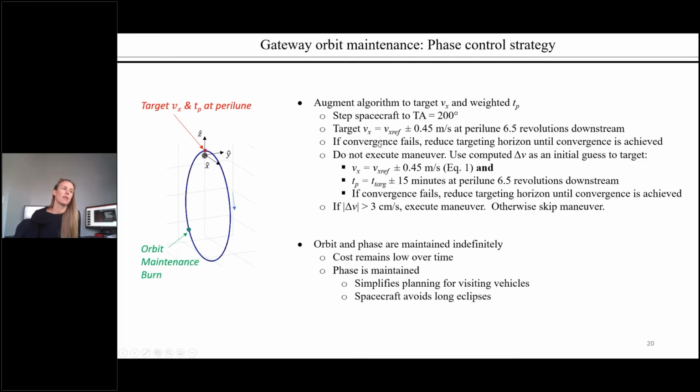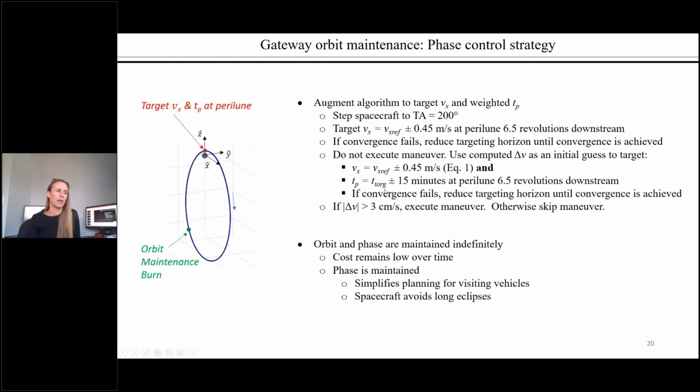But to do that effectively, we start with an initial guess. And our initial guess is we just target Vx equals the reference value. But we don't execute this maneuver. We use the computed delta V as an initial guess to target both the same thing we just targeted, Vx equals Vx along the reference trajectory at its perilune, and the perilune passage time of our propagated trajectory equal to the perilune passage time of our reference trajectory within a tolerance.